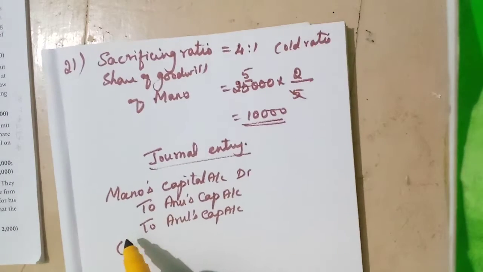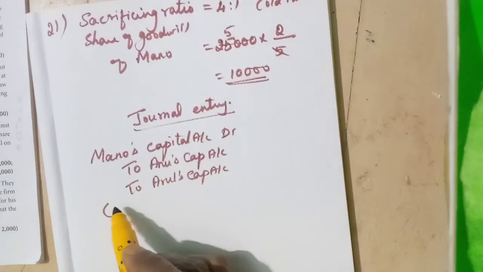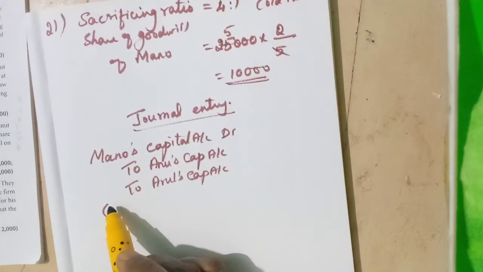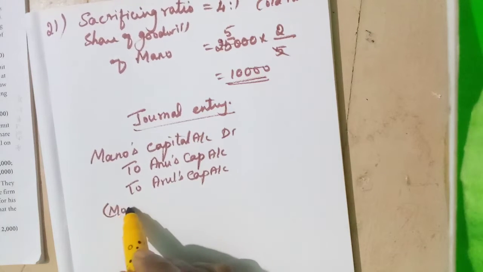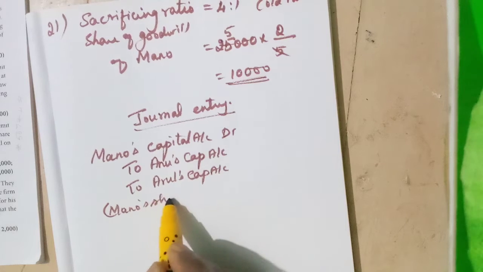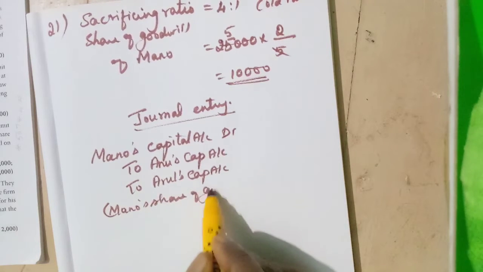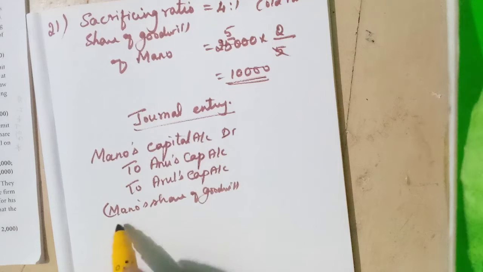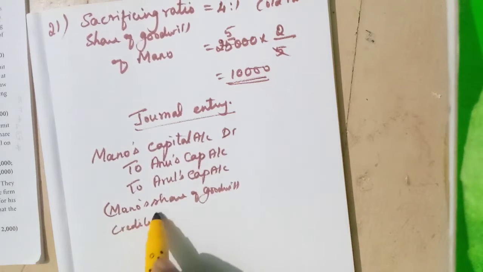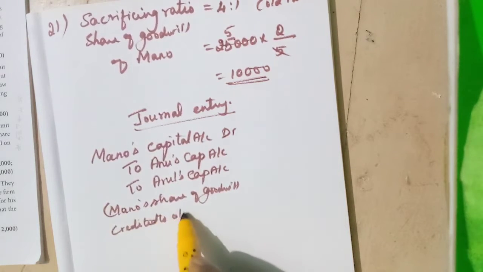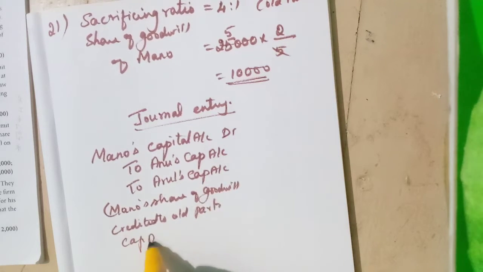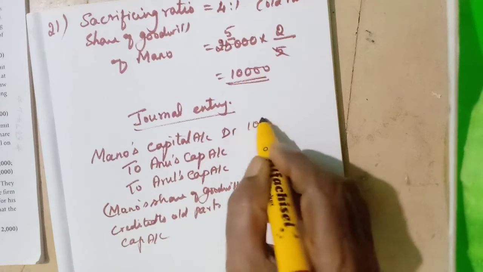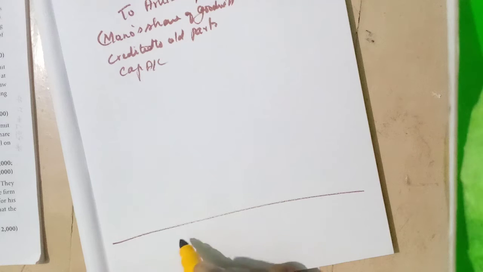Okay, now Manu's share of goodwill credited to old partner's capital account. Amount 10,000, isn't it? Now in which ratio we have to give?